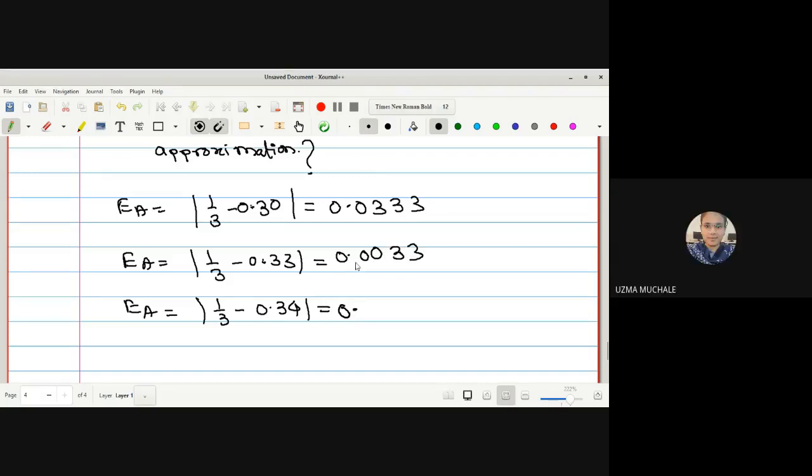Next? 0.0067, na? Yes, ma'am. Okay. So after finding this, we have to check which one is the best approximation. With the help of the absolute errors you are getting, can you check which one is the best approximation? Ma'am, 0.0033, correct. That is the best approximation.